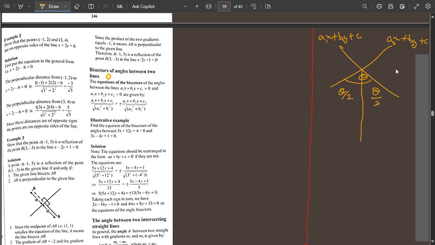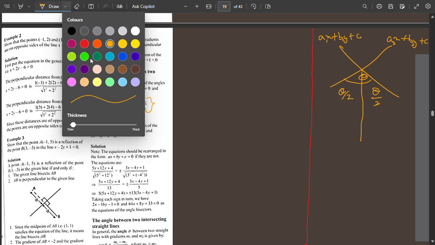This is how we solve it, and we use this formula right here, which is a very simple formula. It's just the formula for perpendicular distance but expressed in two different equations of lines.